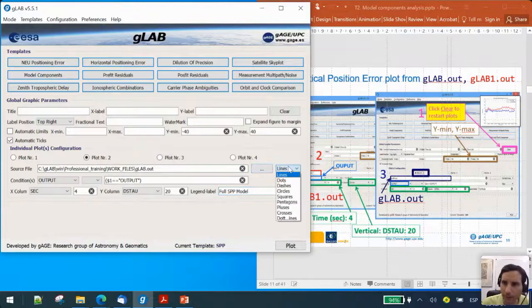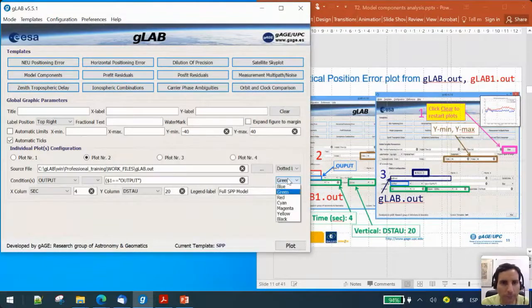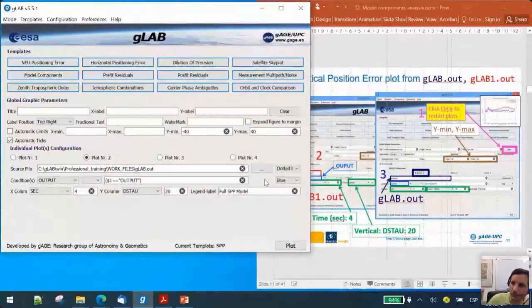To make it appear as in the slides, we need to make some static changes, like putting the same pattern, the same marker, and the same color.